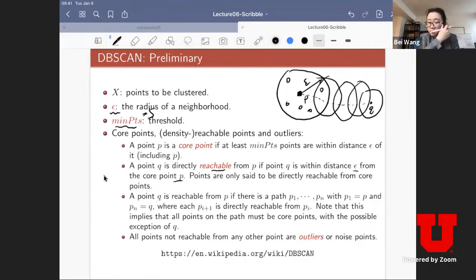So those are reachable. And of course, points that are not reachable from any point are called outliers. So for example, this point is going to be an outlier because in its epsilon neighborhood, there are no reachable core points.